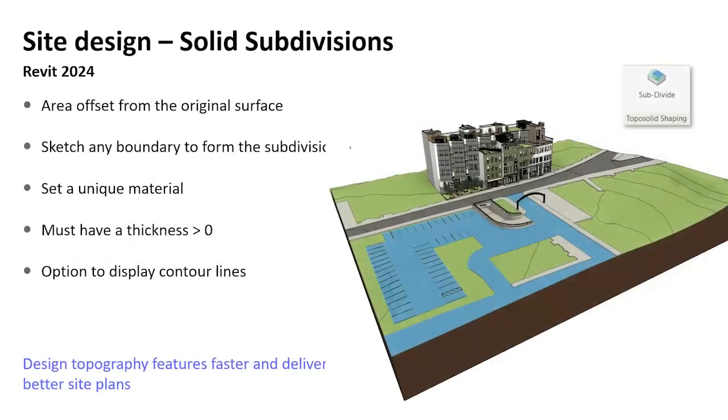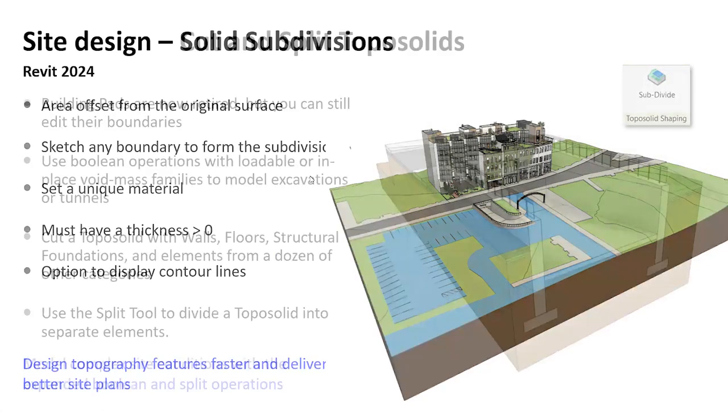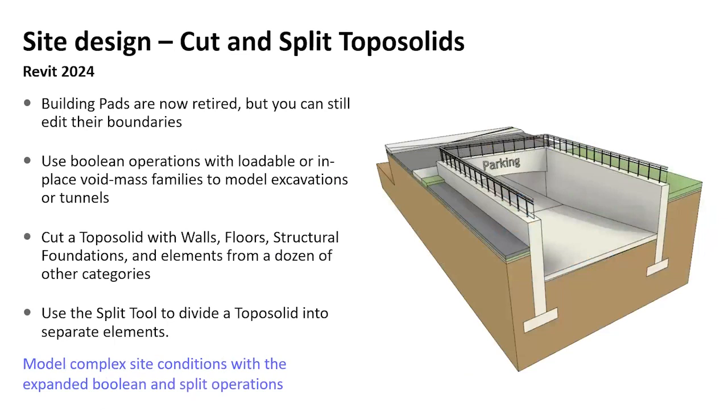You can make solid subdivisions as long as they're greater than 0. But basically, those subdivisions are going to help you make roads and parking lots and curbs and subdivisions. One of the things that are really great is to be able to create underground spaces, right?